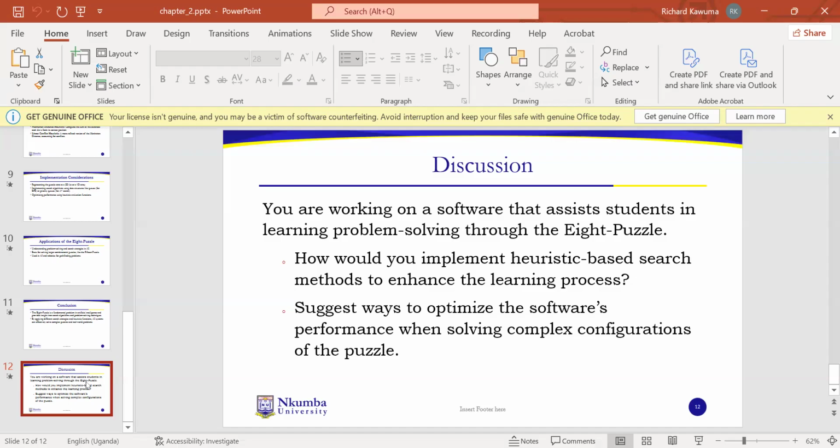Okay. Someone, your background has noise. So you are working on a software that assists students in learning problem solving through the 8 puzzle. How do you implement heuristic-based search methods, those which you have seen above, to enhance the learning process? Okay. Such a question. Suggest ways to optimize the software's performance when solving complex configurations.